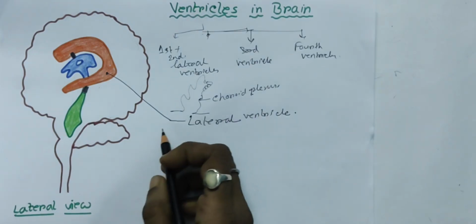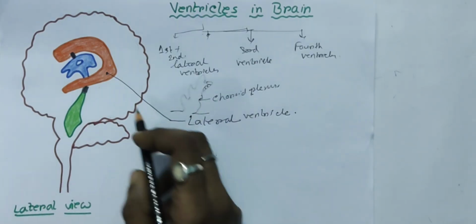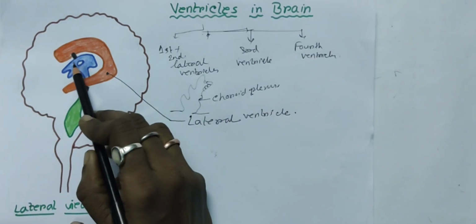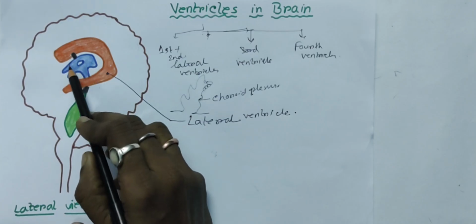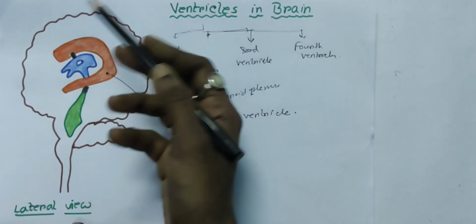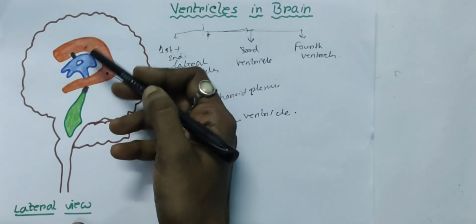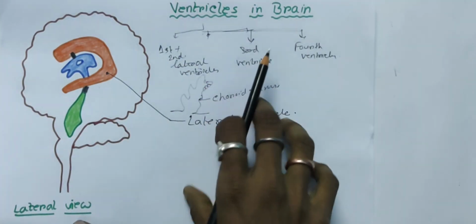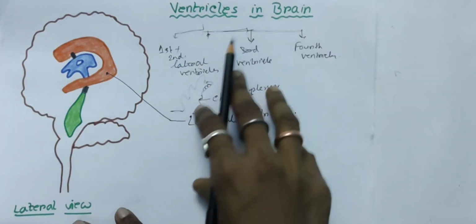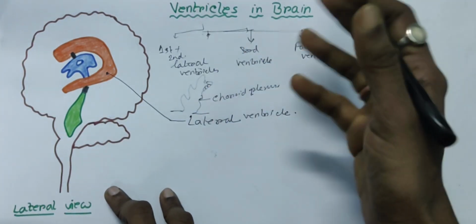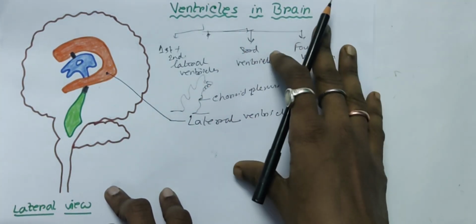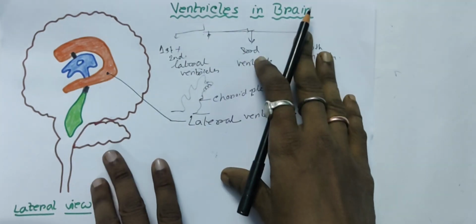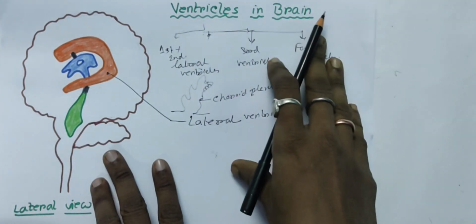This one is connected with the third ventricle. First and second are in the opposite direction, so first and second both form the lateral ventricles, and these lateral ventricles are present in the two hemispheres, because we know that the cerebrum has two hemispheres, right hemisphere and left hemisphere.